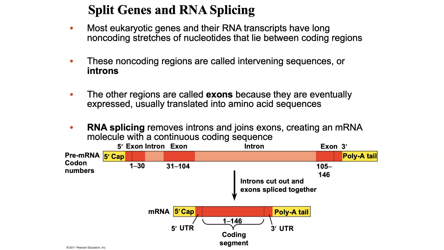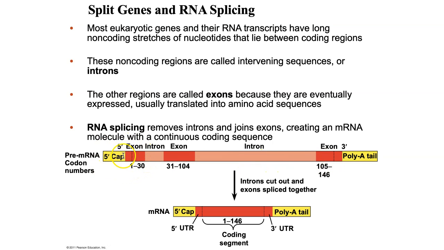There's one more important step that we have to go through, which is called splicing, RNA splicing. Most of the eukaryotic genes and their RNA transcripts have long, non-coding segments of nucleotides that are in between coding regions. So here is the pre-mRNA that we've just prepared. We had our RNA transcript that was created right from the DNA.